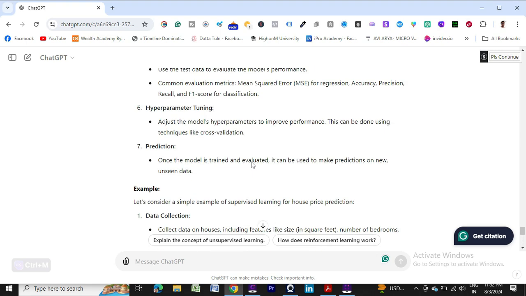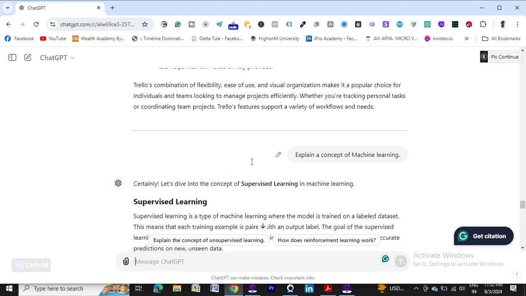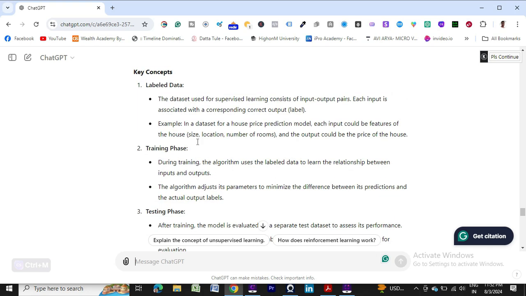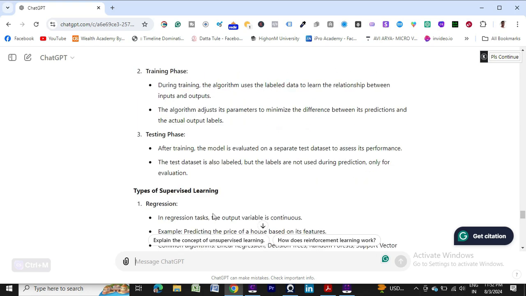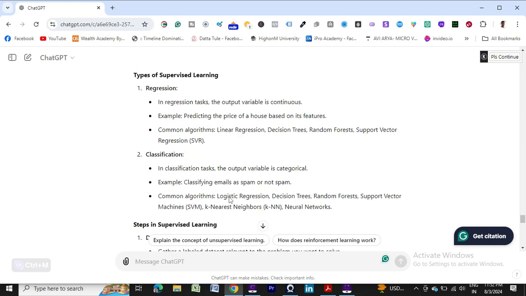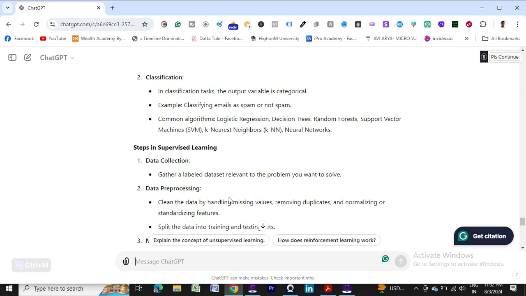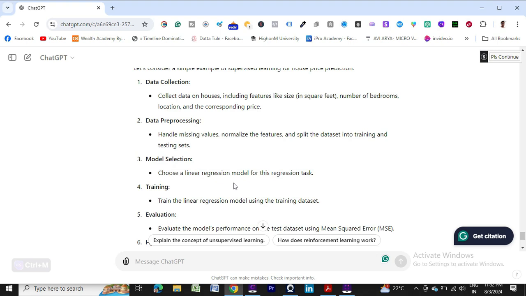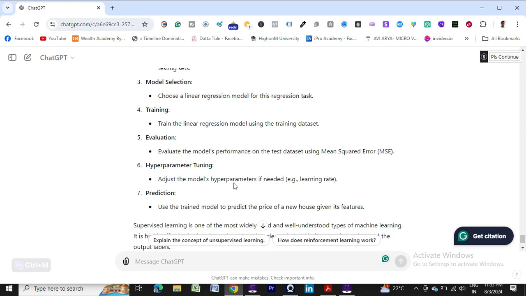So see, it has given a broad detailed answer for me. Suddenly, let's dive into the concept of supervised learning. In machine learning, supervised learning, key concepts, training phase, testing phase, types of supervised learning, steps of supervised learning, example, data collection, data processing, data selection, model selection, training, evaluation, hyperparameter tuning, prediction.